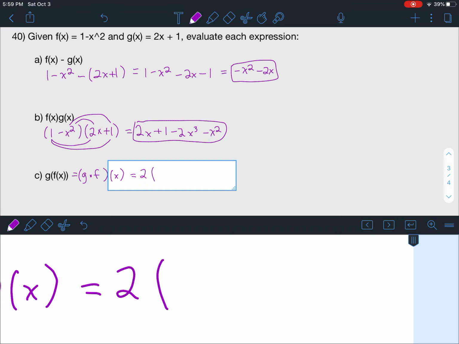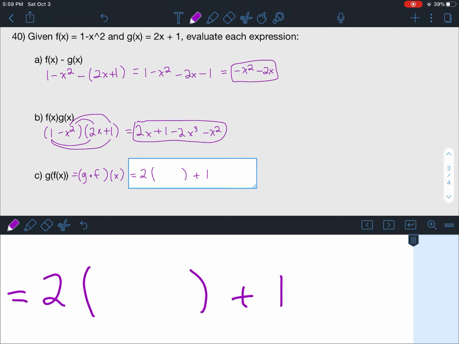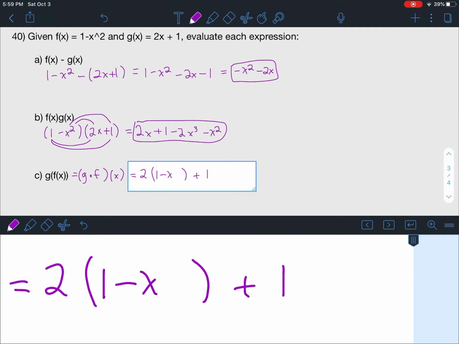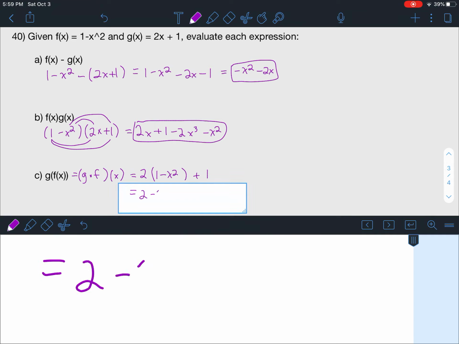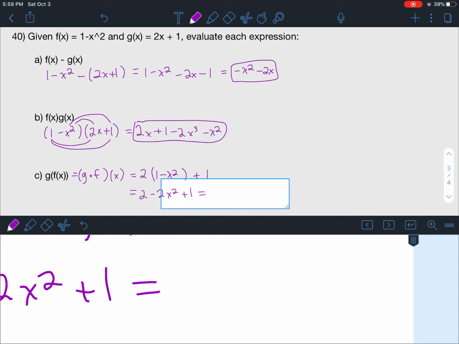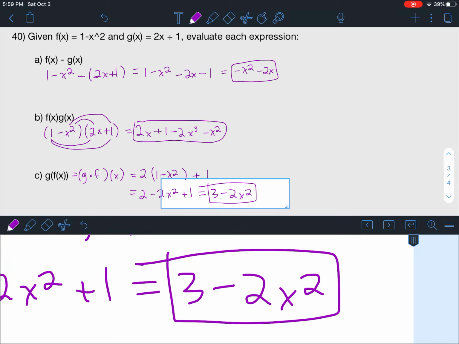So it's 2 times something plus 1. And here the something is equal to f of x, which is 1 minus x squared. So simplifying this, it's 2 minus 2x squared plus 1, which is equal to 3 minus 2x squared. And there you go, that's the final answer.